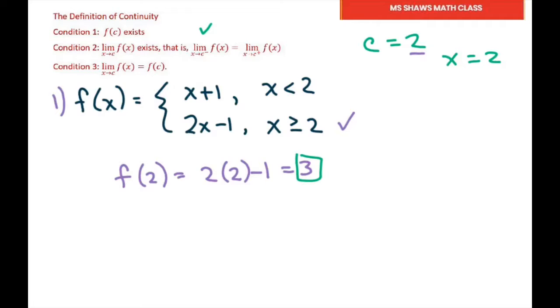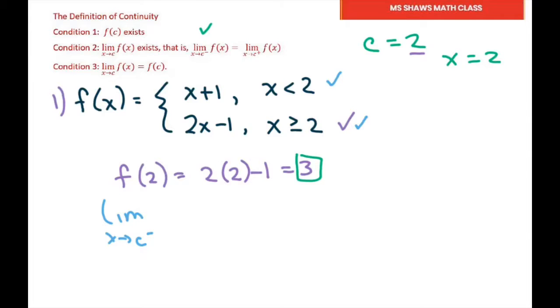Now, the limit means that we're going to take the limit as x approaches our c, which is 2, from the left and from the right. This would be from the left, because any numbers less than 2 are on the left if you look at the graph, and any numbers bigger than 2 are to the right. So we take the limit as x approaches c from the left.